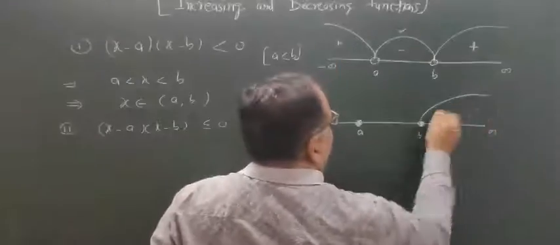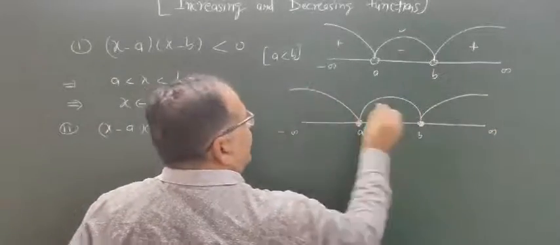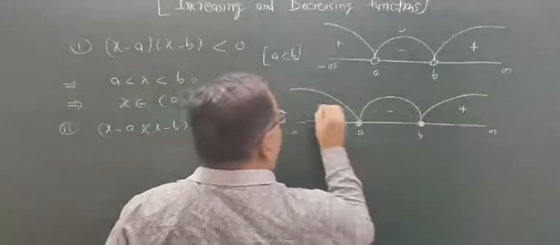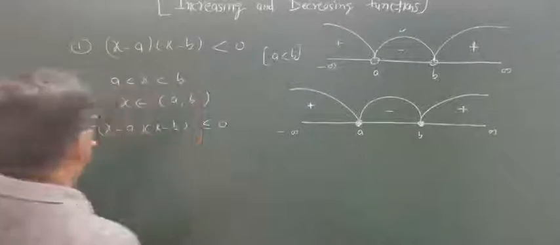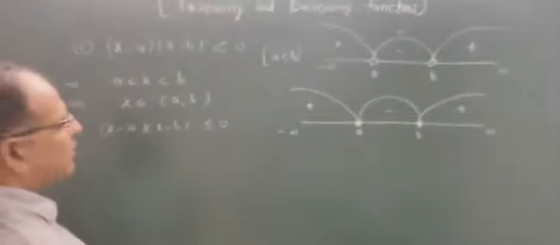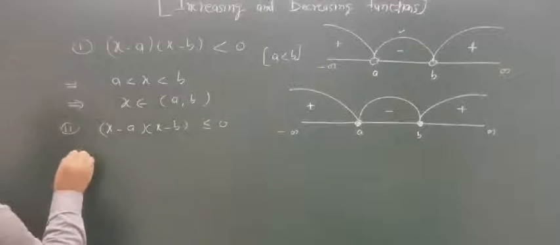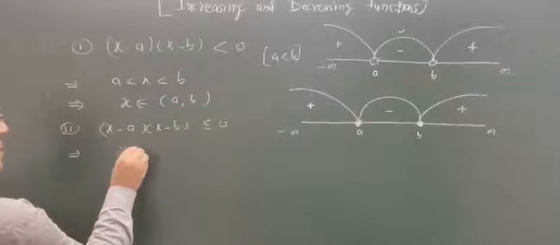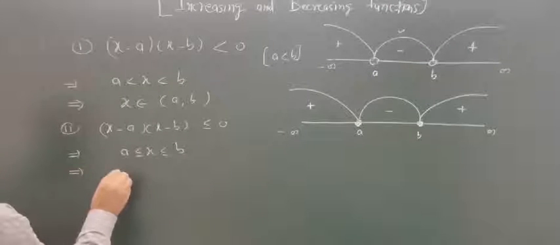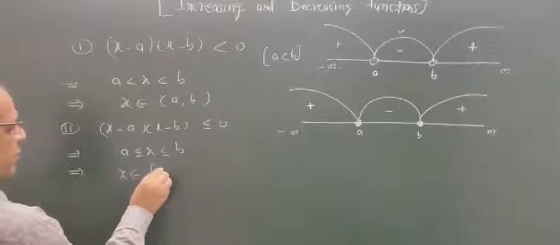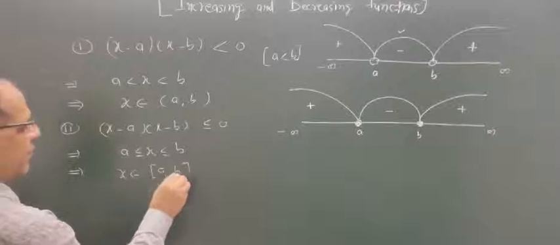Again draw these symbols. From the right hand side, positive, minus, again positive. So here we are observing this is the area in which (x minus a)(x minus b) is less than or equal to 0. So we can write the solution as a less than or equal to x less than or equal to b. That means x belongs to the closed interval [a, b].